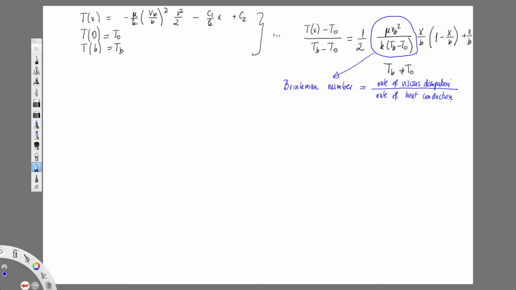This is the number that, if it gets too large, is where you should stop using this equation and go solve numerically and look at the effect of temperature on viscosity.